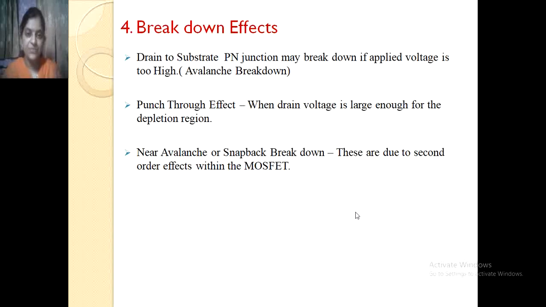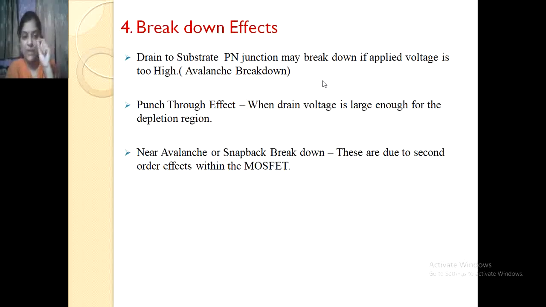Then next, breakdown effects. The drain to substrate PN junction may break down if the applied voltage is too high. That is nothing but avalanche breakdown. We know that the MOSFET has three terminals and one more, the substrate. The gate, drain and source, and the substrate is connected to the source terminal.